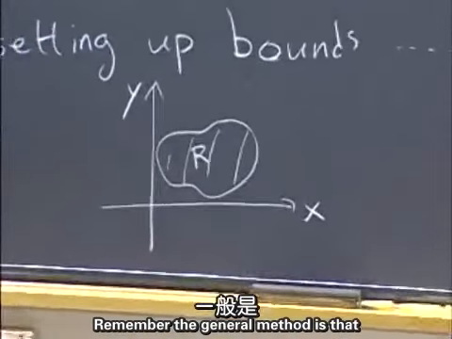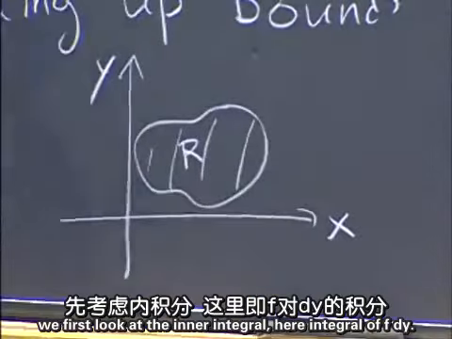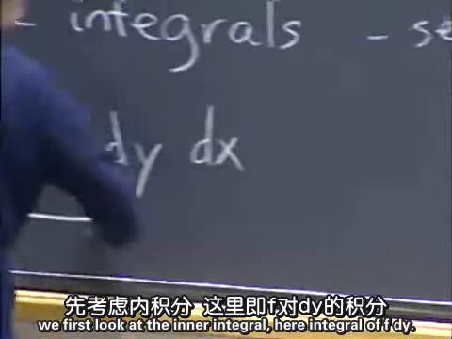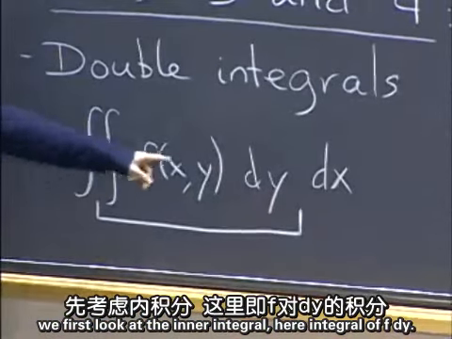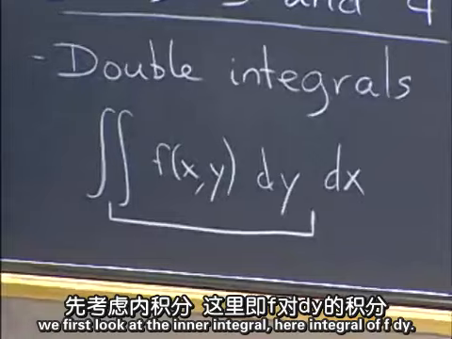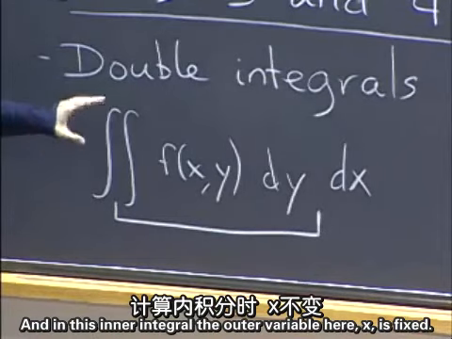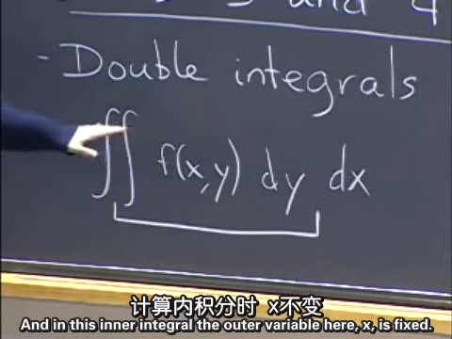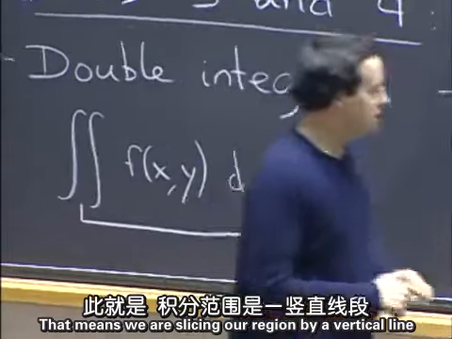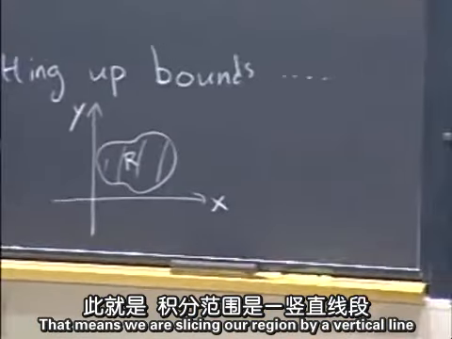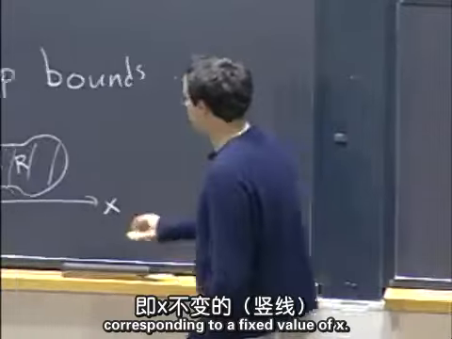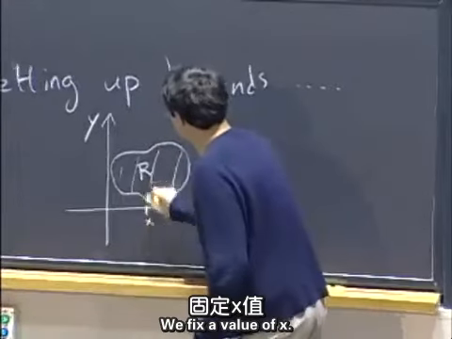Unless it's completely obvious, you should really draw some picture of the domain of integration. And once you have that picture, you can use it to find the bounds. So remember, the general method is that we first look at the inner integral. So here, integral of f dy. And in this inner integral, the outer variable here, x, is fixed. So that means we are slicing our region by a vertical line corresponding to a fixed value of x. So we fix a value of x.